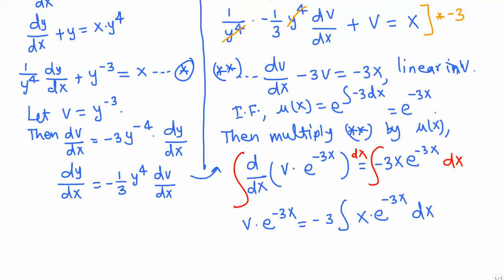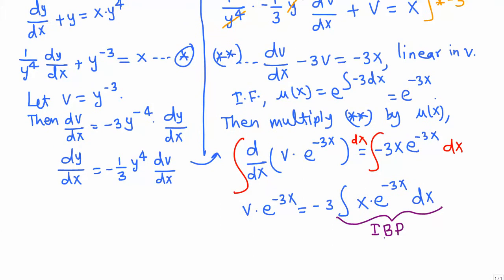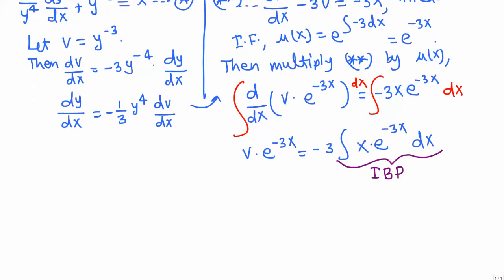We have a product of two functions, and the derivative of negative 3x is negative 3, but we have x, so u substitution does not work. Since it's the product of two functions, we need to use integration by parts. Let's do that separately.